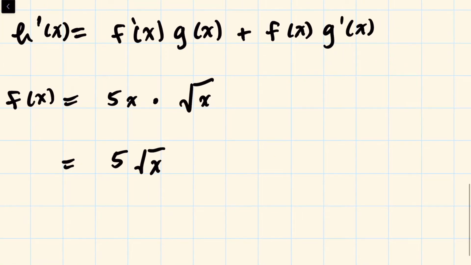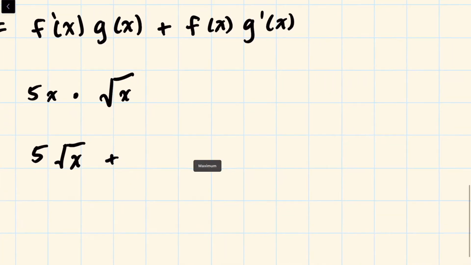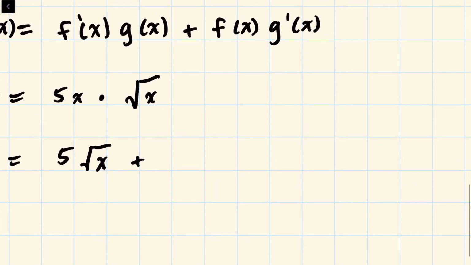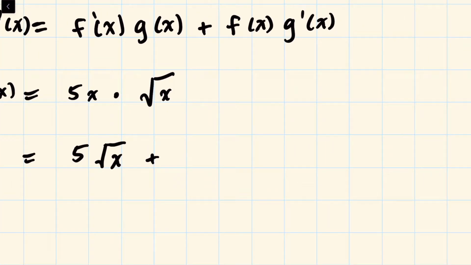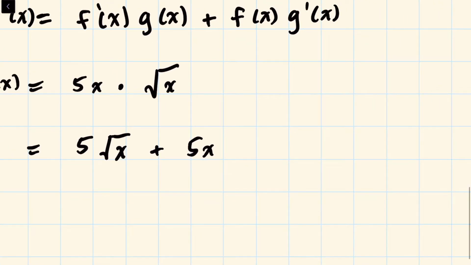I was getting ahead of myself. It's just g of x, not g primed at x yet. And then f at x again, so that's just 5x. Then g primed at x, this is g of x. G primed at x now is 1 over 2 root x. Okay.